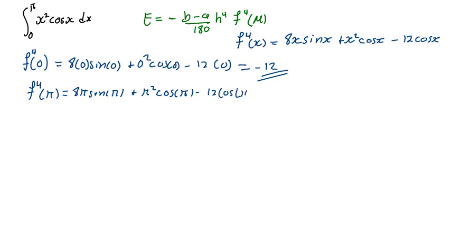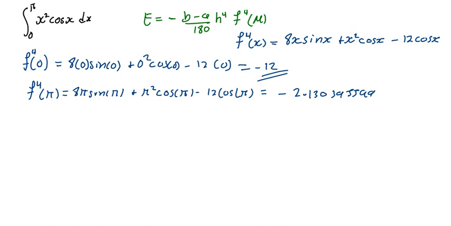And this ends up giving you something like minus 2.13039 5599.